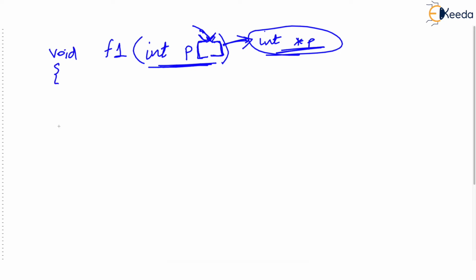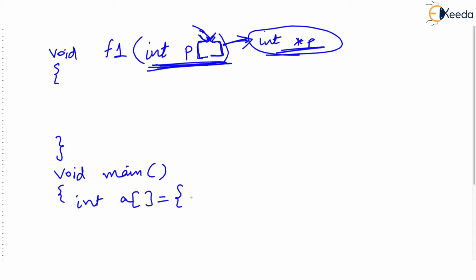You just check. If you have written something like this, and then in main you have an array and you have initialized the array, let's say 10, 20, 30, 40, 50, a 5 element array, and now you are calling the function f1 with a.